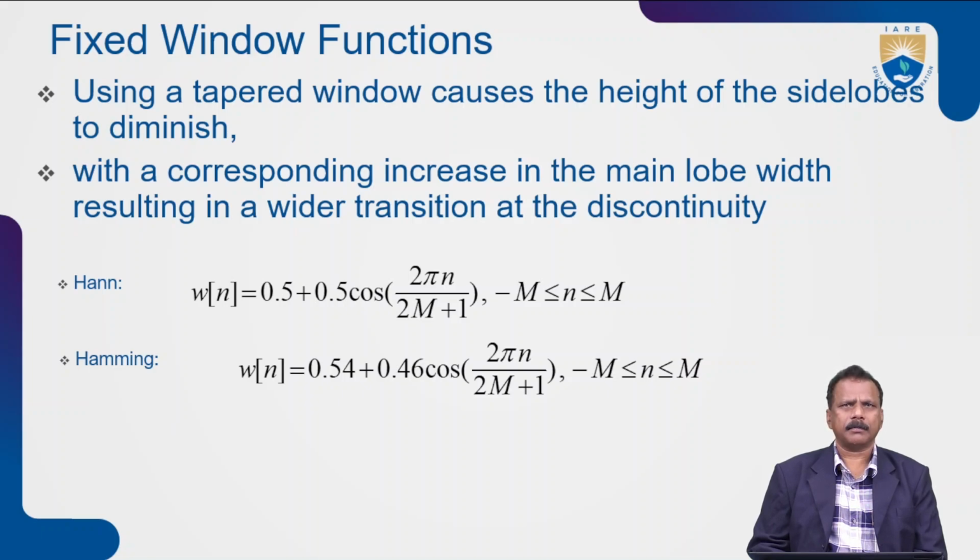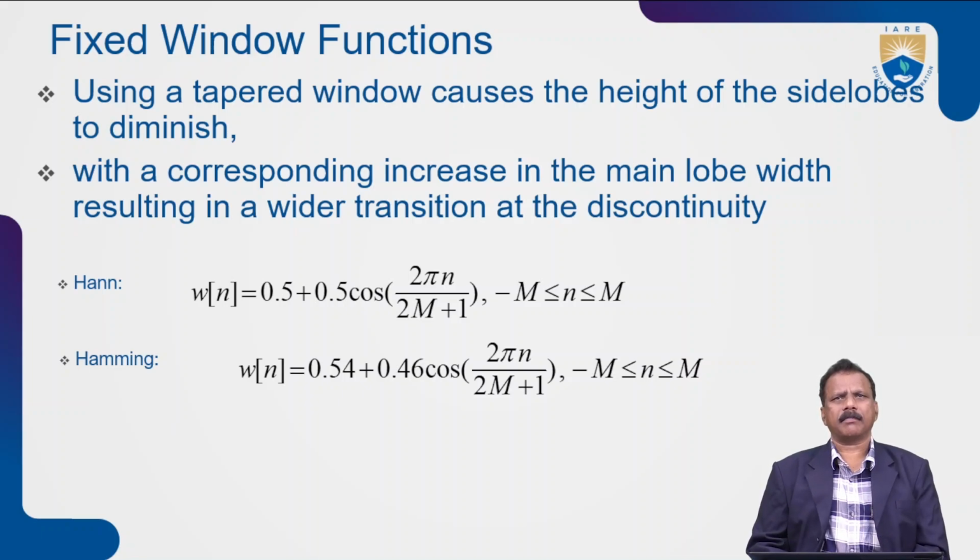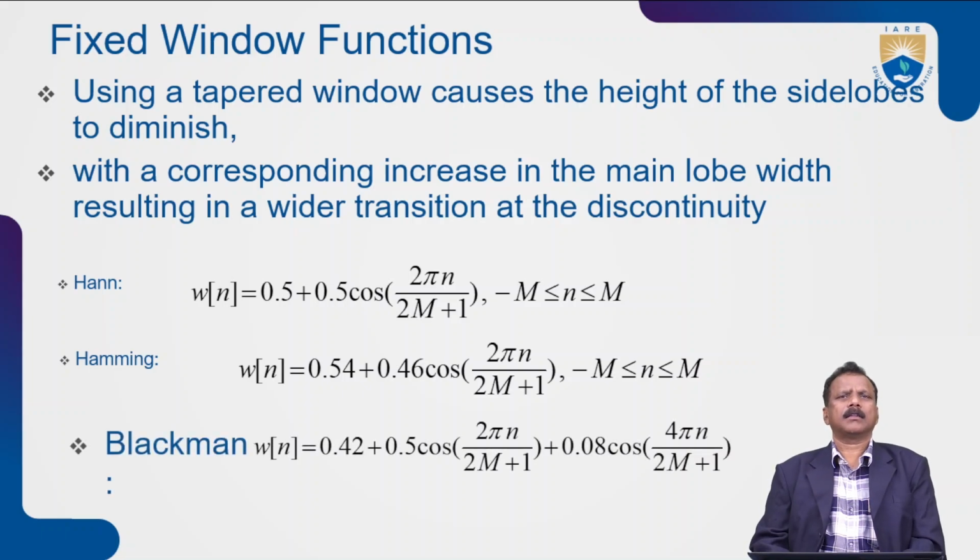Go on writing a piece of code using all these windows, to see how it is reflected in the side lobes and main lobes, with a corresponding increase in the main lobe width resulting in a wide transition, whether there is discontinuity or continuity. We will observe.